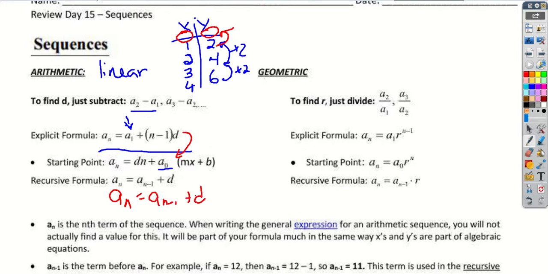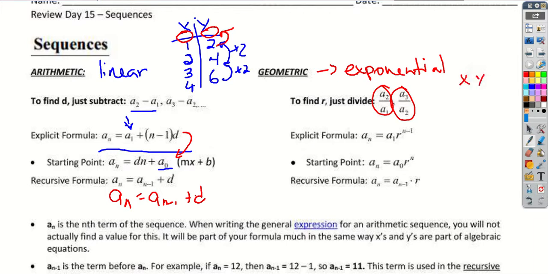Geometric. A geometric sequence is essentially just an exponential sequence. To get from one term to the next, you are going to multiply or divide. So if I do division, second divided by the first, third divided by the second.